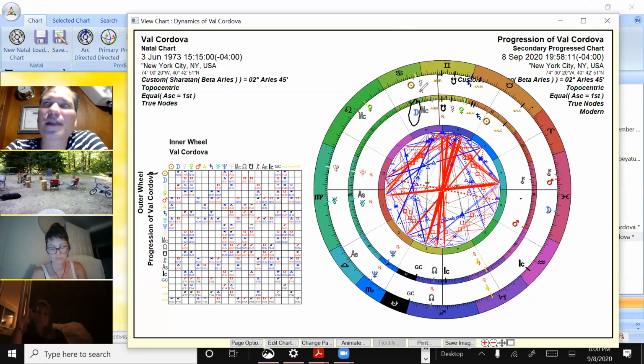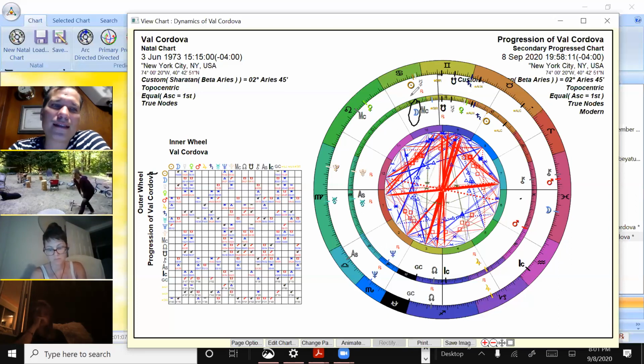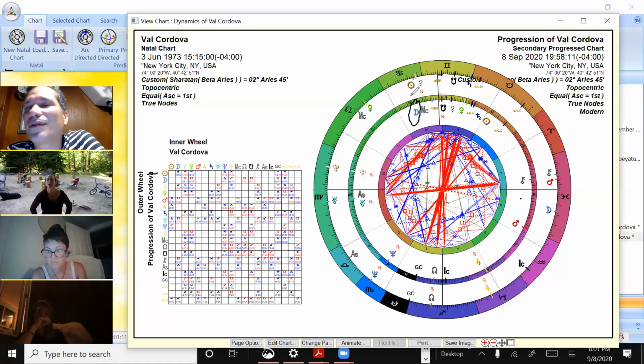We call this inferior conjunction, or Val, do you know what that's called when it burns up? There's a term for that when Mercury is burning. It's burning in the sun. I forget the astrological term. Wow, I'm drawing a blank.